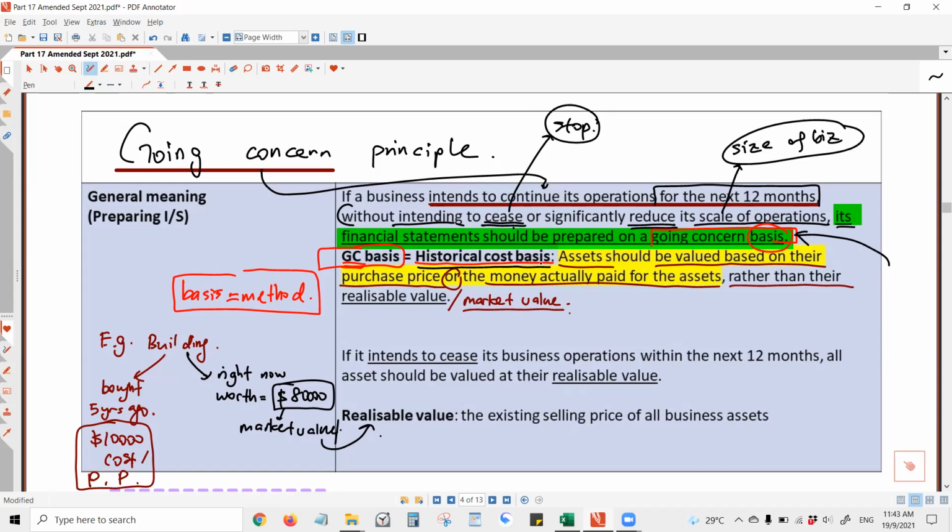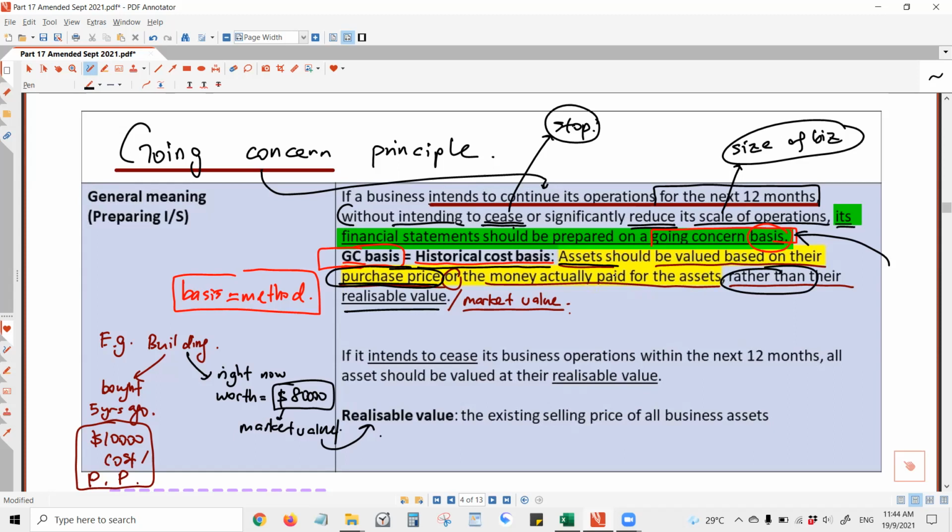This going concern basis tells you that all the assets you record in accounting, you must record using the purchase price, the price you paid to buy it, rather than their realizable value. Realizable value means market value.